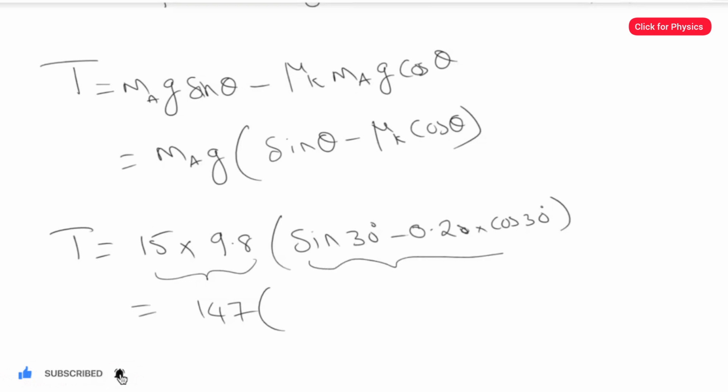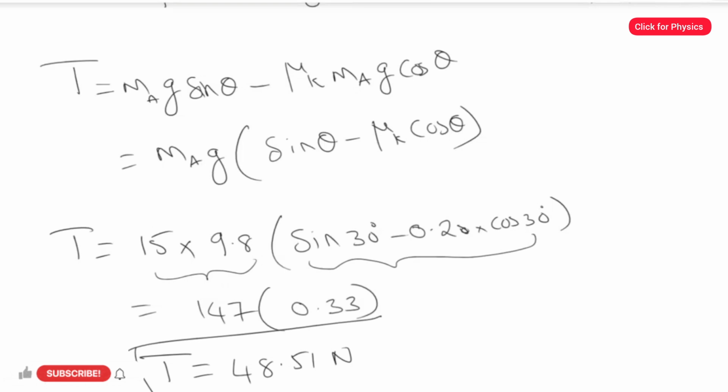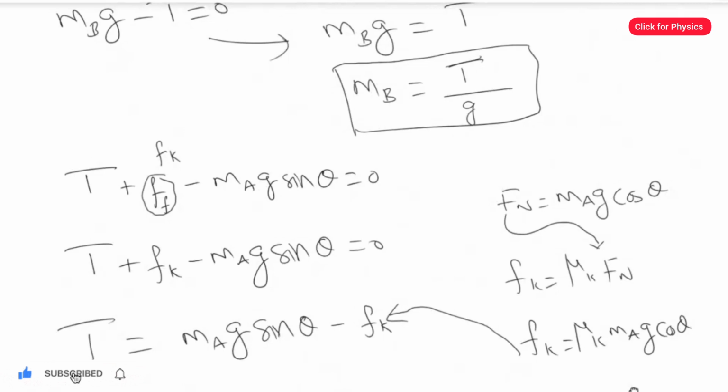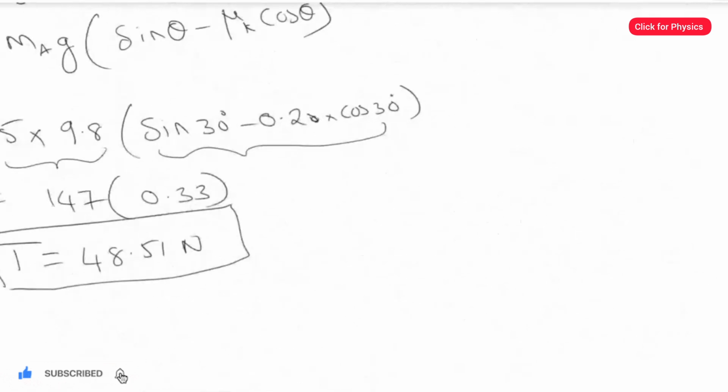After I calculate this value, I got 0.33. So now I have to multiply 0.33 by 147. I got the answer as 48.51. So the tension value here is 48.51 Newton. Now I'm going to take the value of tension and apply it in this equation. By that, we can easily find the mass of block B.